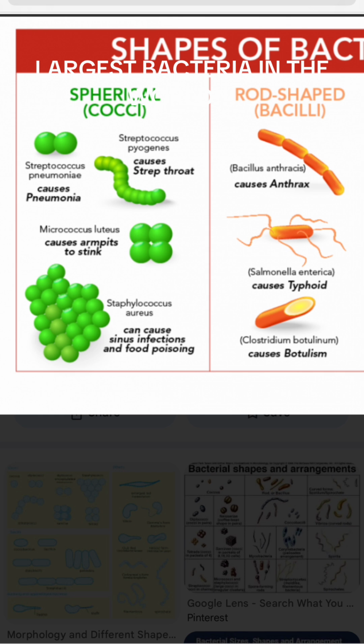These are what cause streptococcus, streptococcus pneumoniae, or staphylococcus aureus, right? These are your major causes of sinus infection and food poisoning. So this is what they'll see on the microscope.